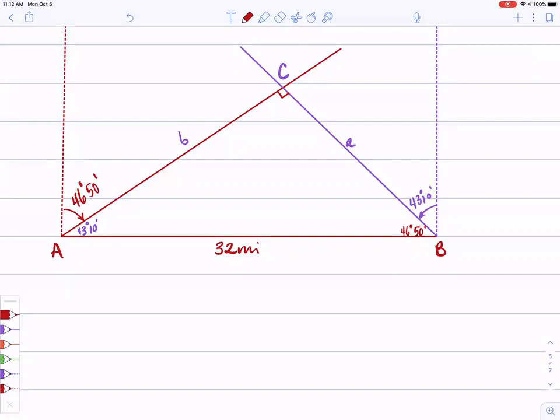What kind of math can I do to find side B, which was my first question? Say it again. Okay, so if you're going to use tangent, how would you set that up? Which angle do you want to focus on? Okay, angle B, so you're going to be focusing here. And so the tangent of that angle would be what?